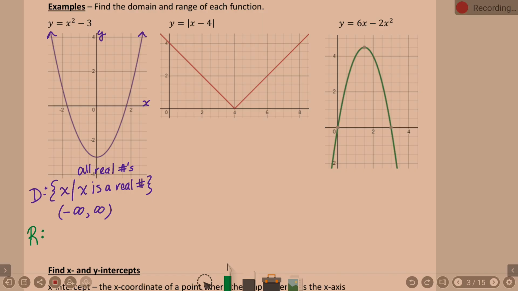Well, domain is how far you go left or right. So range is how far up and down. Okay, it's your y values. It goes with the y-axis, how far up and down. What do you guys see in here? Something about -3? What about -3?